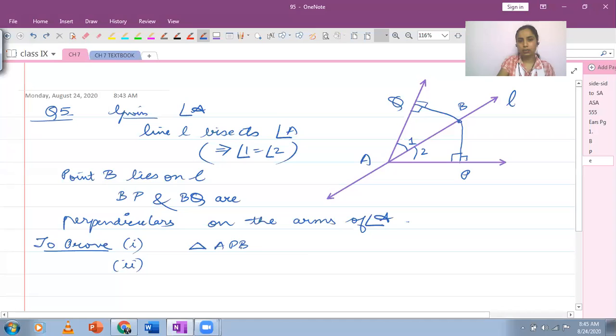I'm going to copy from the question here. This is triangle APB congruent to triangle AQB, and then the second thing we want to prove is BP equals BQ.